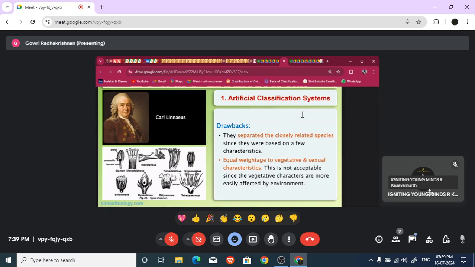See, when you combine different species, we have already seen how the classification is done. There are so many characteristics, and based on that, we classify them into a particular phylum or family or order or whatever.